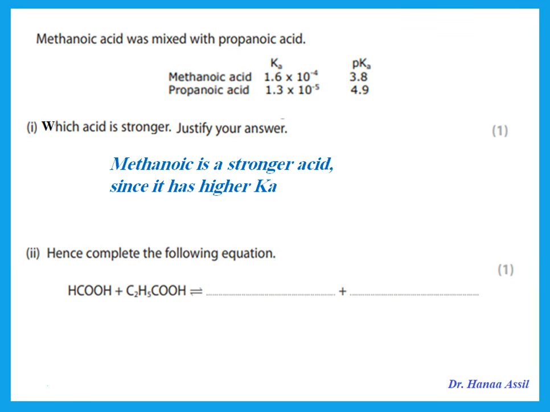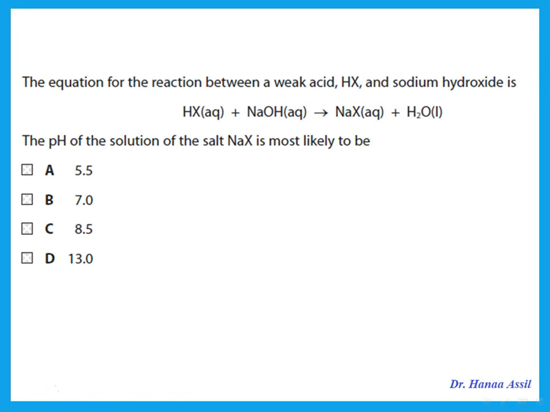So the stronger acid is the one that will dissociate to give H plus ions. So if I'm reacting methanoic acid with propanoic acid, it is the methanoic HCOOH that will give up its H plus ions, and it is the other one, the propanoic acid, that will gain the H plus ions.